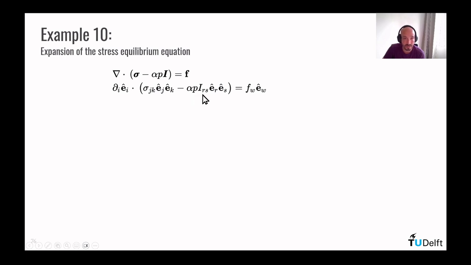Well, in this case, because this is a subtraction or addition, it doesn't matter, I could use the same indices as this one, jk here, and there would be no problem.